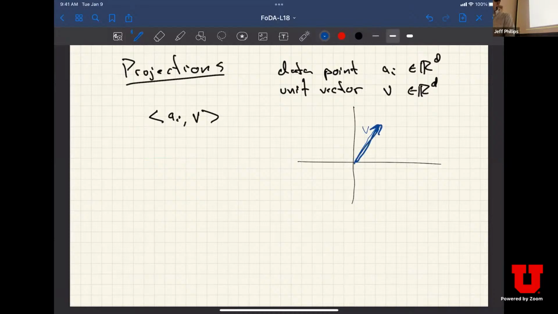This line, but it extends. We could think about the line that goes through here. And then we have a data point, AI. And the dot product, what is that telling us? One way of interpreting this is that it is related to this projection.